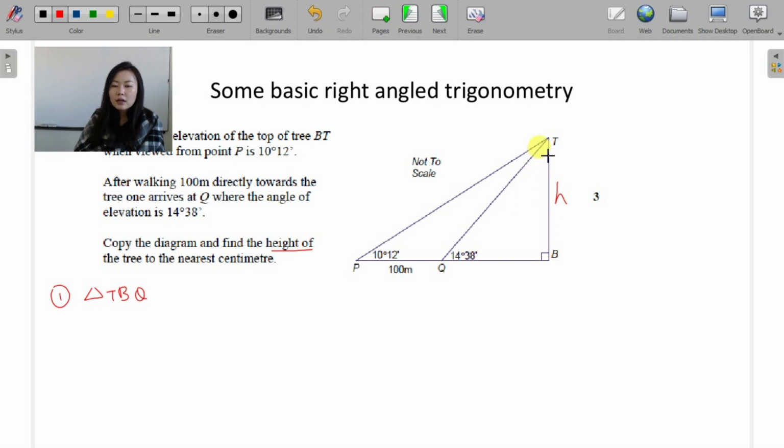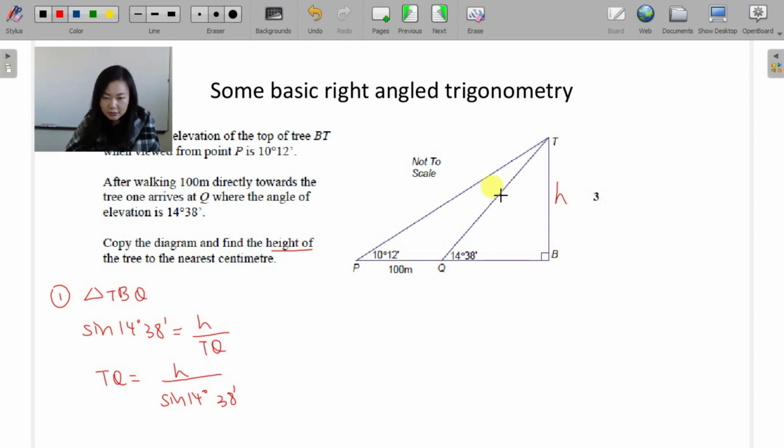Opposite over hypotenuse, so sine 14°38′ is equal to h on TQ. So TQ is equal to h on sine 14°38′. These two basically cross multiply. So that's the first step.